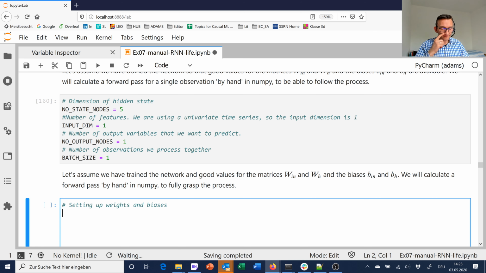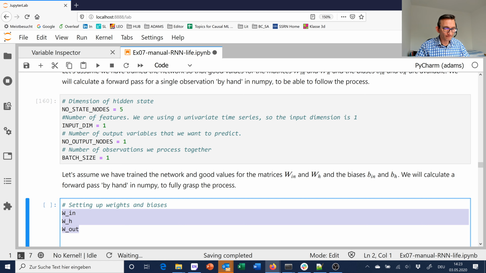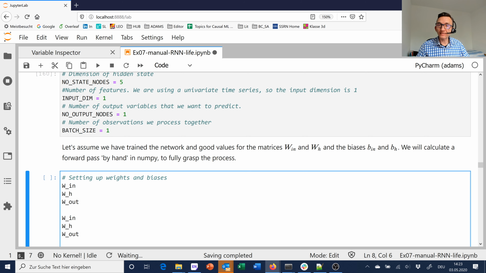Okay, now, and that's the interesting part. We need to set up these matrices. We need W in, we need WH, we also need W out. These are the same matrices that you have seen in the equations, mapping the input to the hidden, the hidden to the hidden, and the hidden to the output layer.